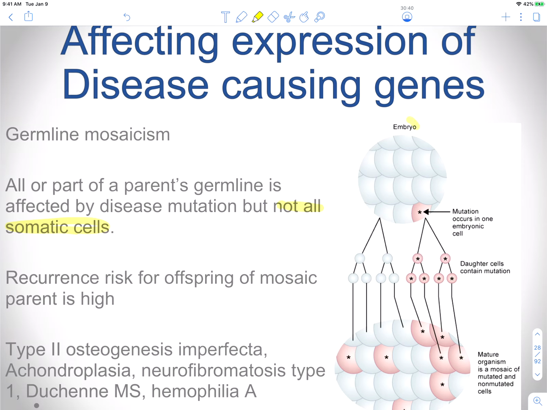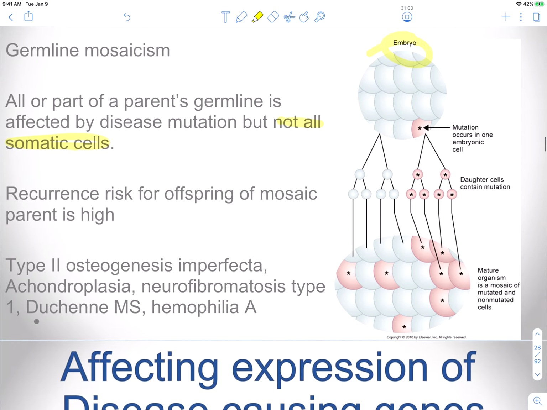That's sort of showing over here in the embryo. The recurrence risk for offspring of mosaic parents is high. Type 2 osteogenesis imperfecta, achondroplasia, neurofibromatosis type 1, Duchenne muscular dystrophy, and hemophilia A are all examples of germline mosaicism.